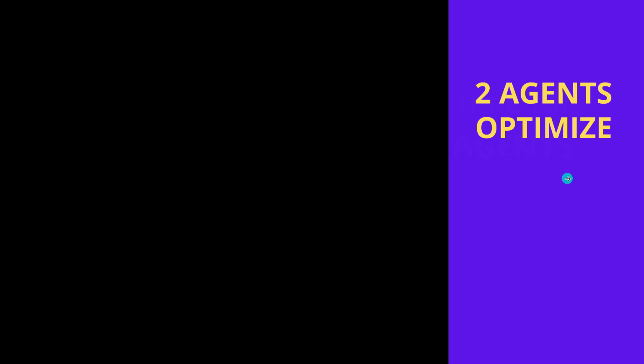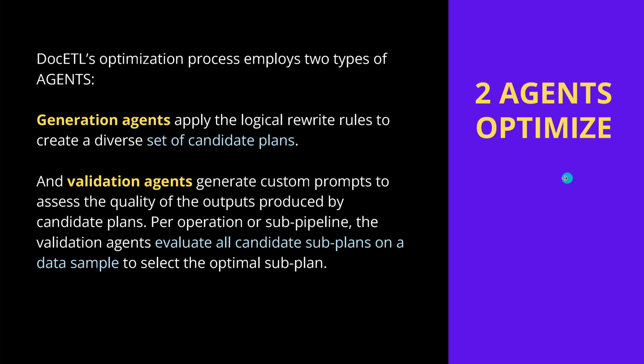Now that we have this directive to rewrite the original content, we can bring in our two agents. I already mentioned them, but now officially let me introduce you to the two agents. We have a generation agent and we have a validation agent. So I almost told you everything about it, but let's do it again.